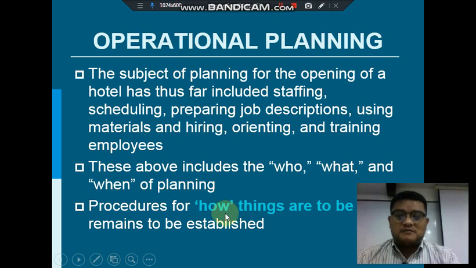So very specifically today we will discuss procedures for how things are to be done, how things are to be carried out, how responsibilities and duties are to be performed. So we will answer the how part of housekeeping planning.